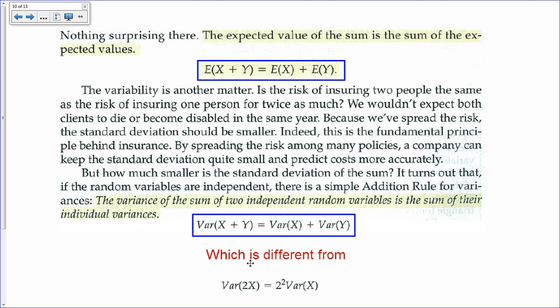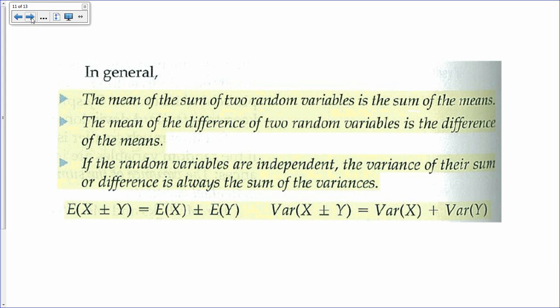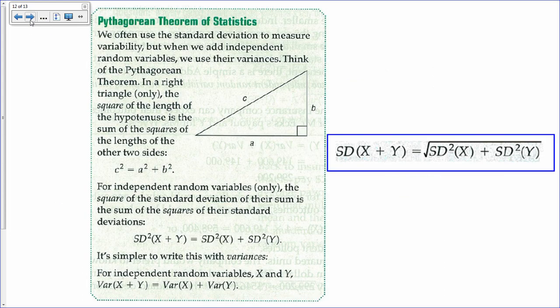The book makes a big point about this fact. So in general, the expected values will add for variables. The variances will also add, and that's true whether you're adding or subtracting the variables. Now the way you find the standard deviation is by using what I call the Pythagorean theorem of statistics. The variances add, and the variances are the standard deviations squared.